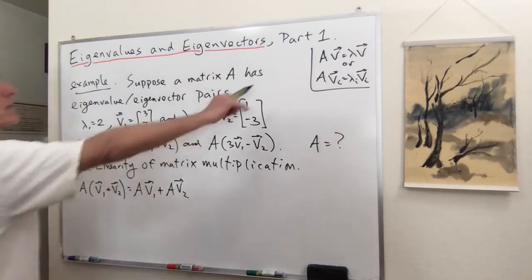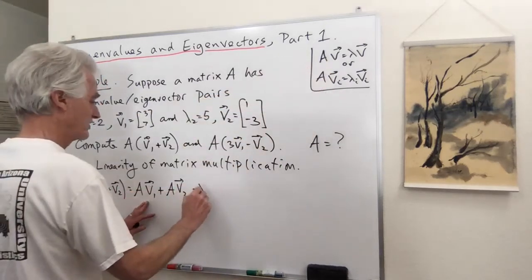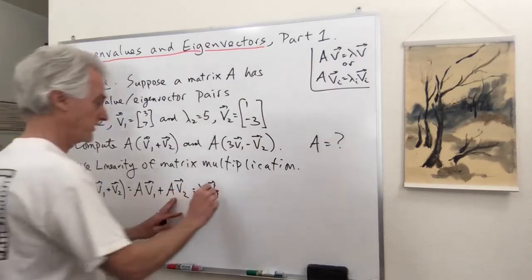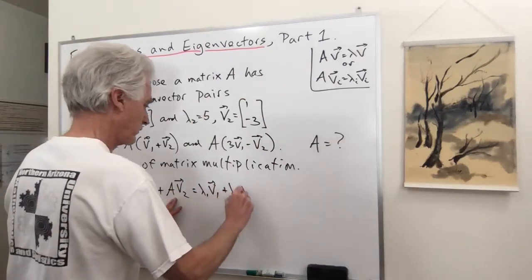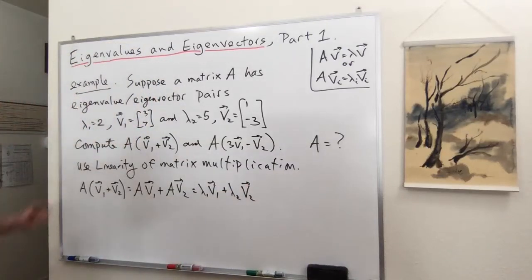Oh, but look at that, we got that here. We know what A times V1 is. This is lambda 1 V1. We know what A times V2 is. This is lambda 2 V2. Right? Because they told us that we have this eigenvalue, eigenvector pair.